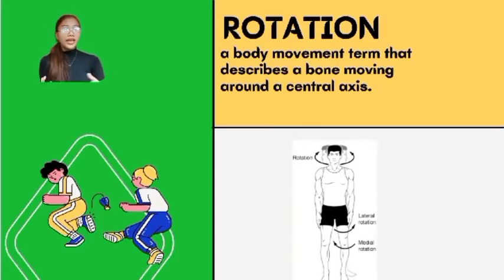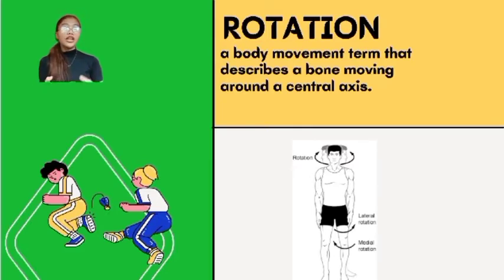Of course, the head, we can actually rotate it like this, like sa presentation na pinapakita. Next is the vertebral column. It is also called the spinal column. The spine or backbone can rotate laterally to the left or right.